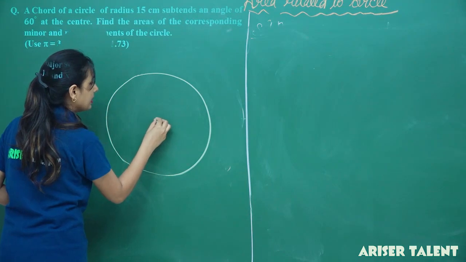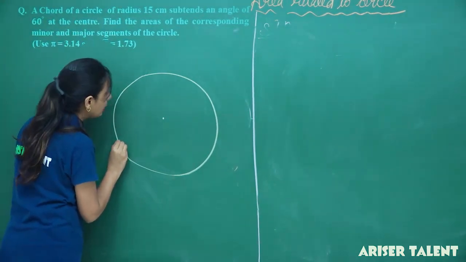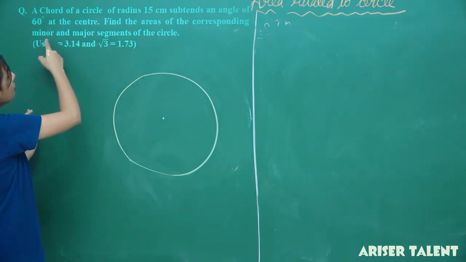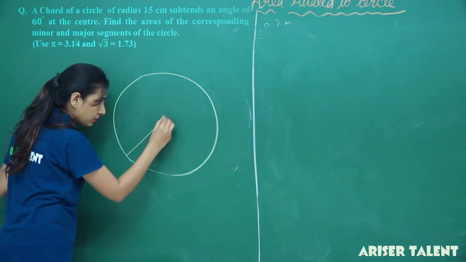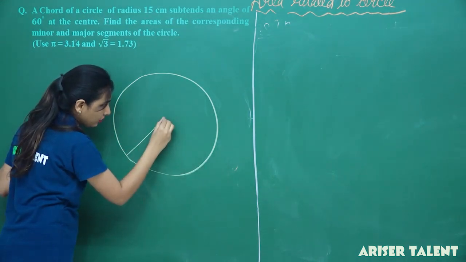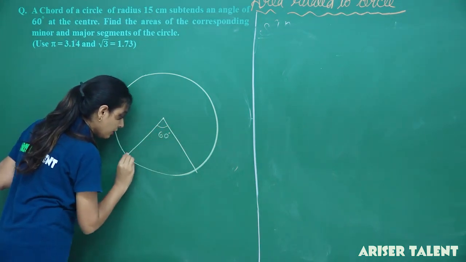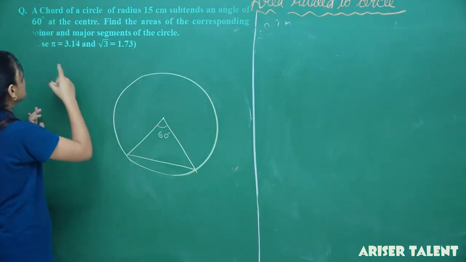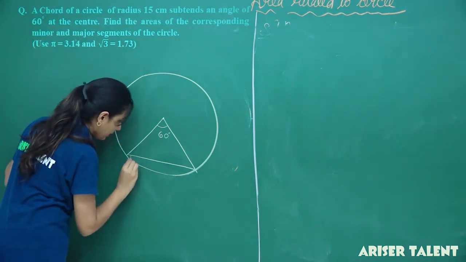If this is my circle and this is the center, so it has a chord here, but the angle subtended is 60 degree. So I will draw, this is 90, so somewhat like that will be 60 degree. This is 60 degree. So this will be the chord, and this chord length given is 15 centimeter.